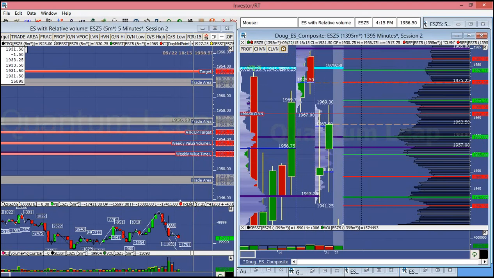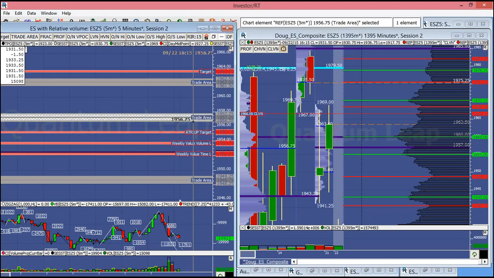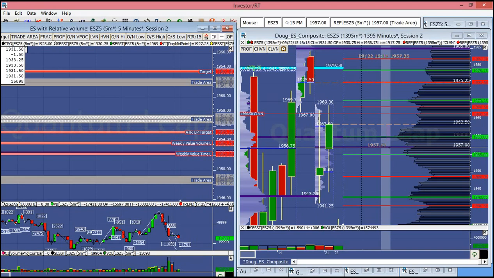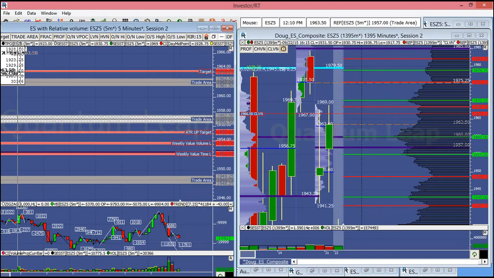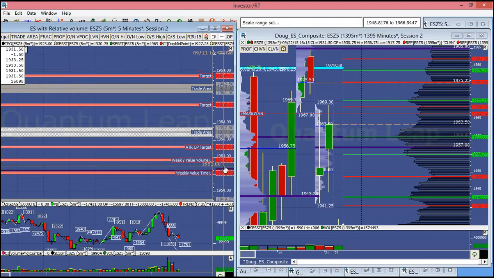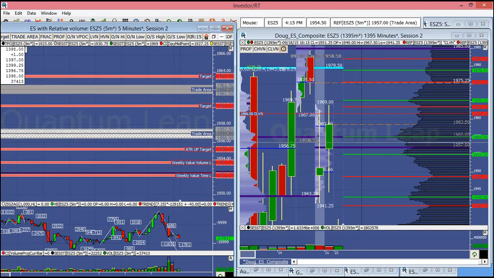So I'm going to be using that 57 as a possible area where if they come up here and come into this 52 and 55 and try to push through, whether or not the sellers will step in here at the 57. If they don't, then the clear target above and the next big destination above is that 60.25, which is the microcomposite VPOC for this whole value that we've been gapping around and trading in.